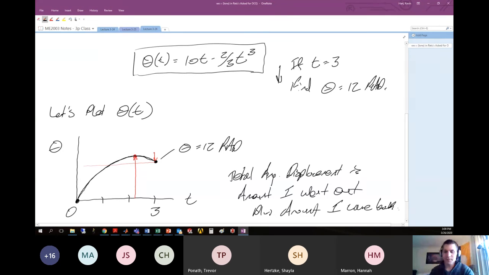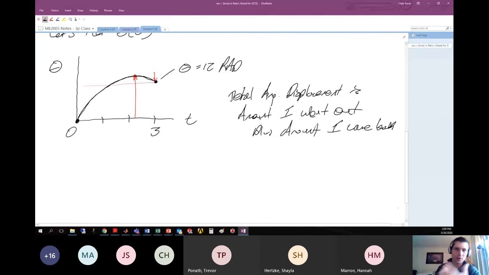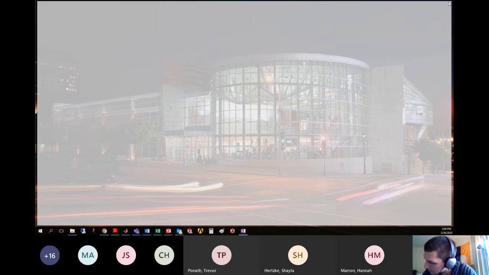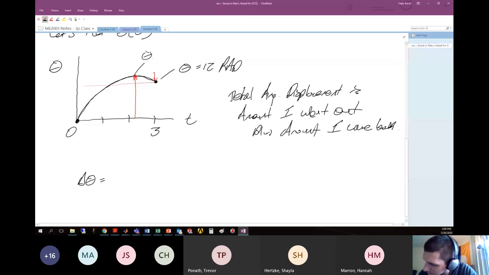If you want to calculate the total angular displacement in math language, we might say that this value here is theta max. Then the total angular displacement is the total distance that I went out from 0, so this value here.